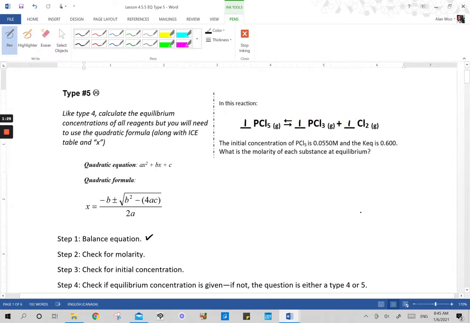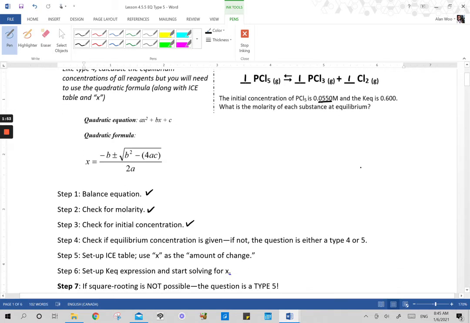You have 1 phosphorus on both sides and 5 chlorines on both sides as well. You check for molarity. It seems like our initial concentration is in molarity, so we don't have to do anything different. So that also takes care of step 3, check for initial concentration.